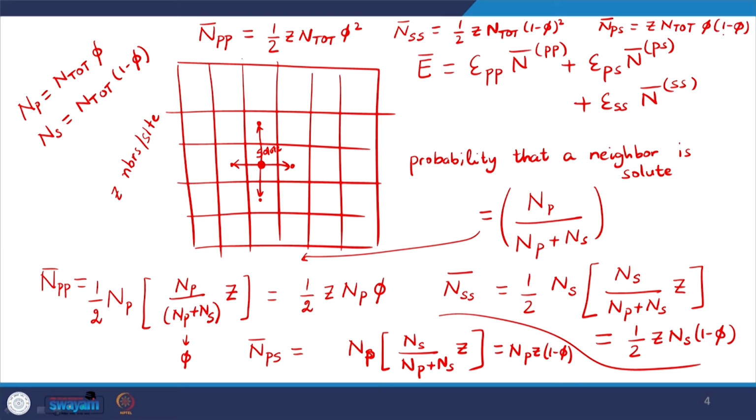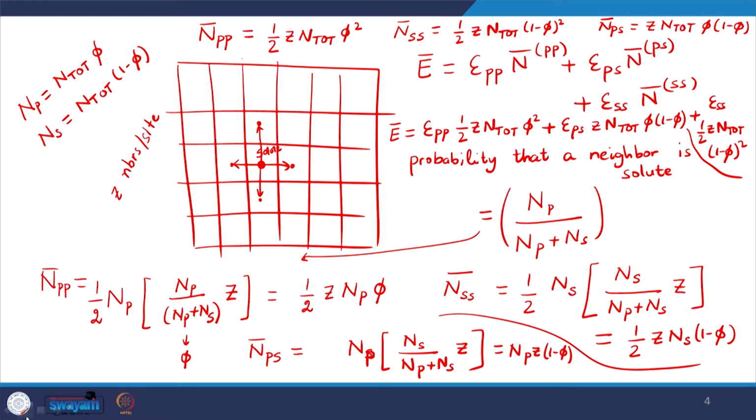So, using this we can then find the expression of the average energy as epsilon Pp multiplied with half Z N tot phi square plus epsilon Ps multiplied with Z N tot phi 1 minus phi plus epsilon Ss multiplied with again 1 by 2 Z N tot 1 minus phi square.